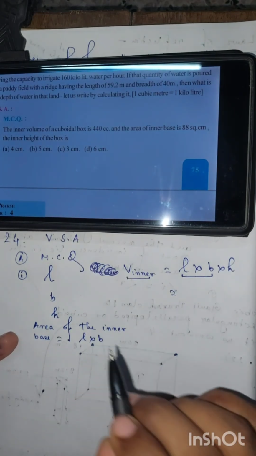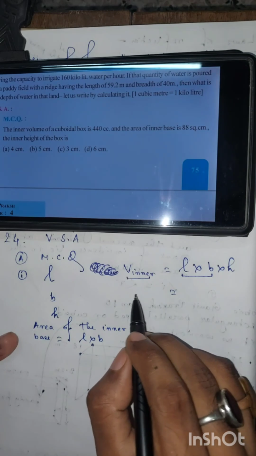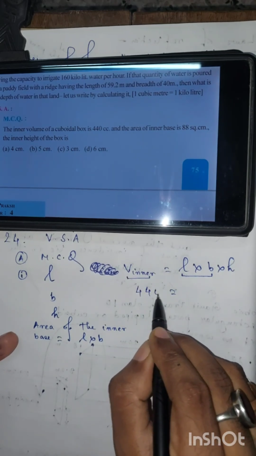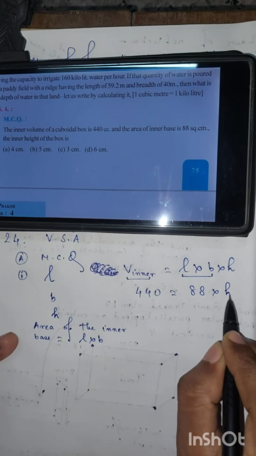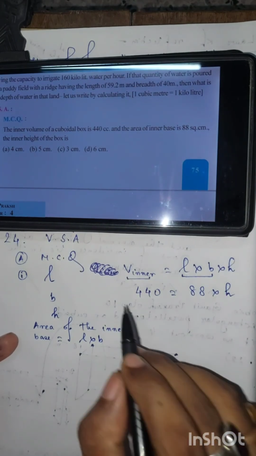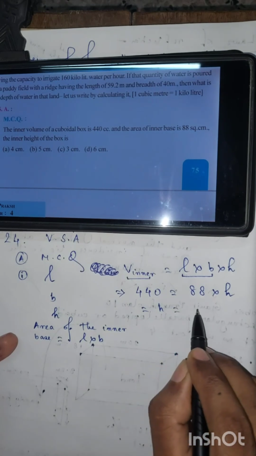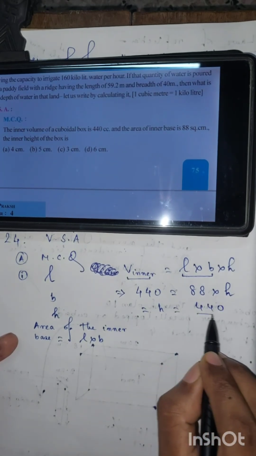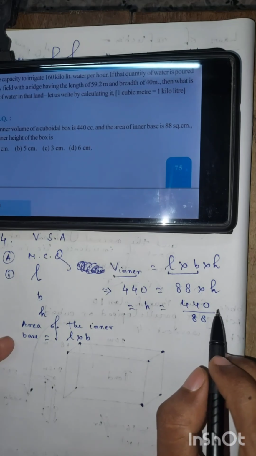Now we can put these values. So this is 440 cubic centimeter and this is 88 square centimeter. So we can easily find out H. The value should come in centimeter.